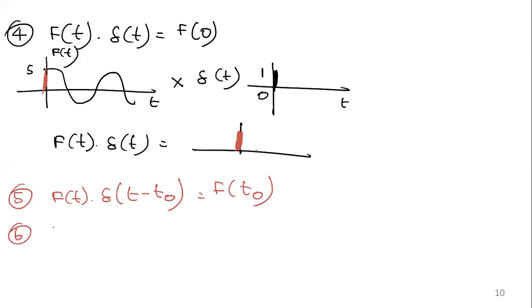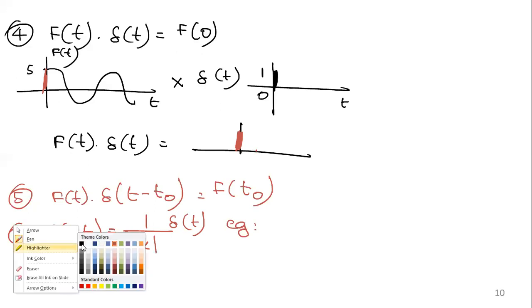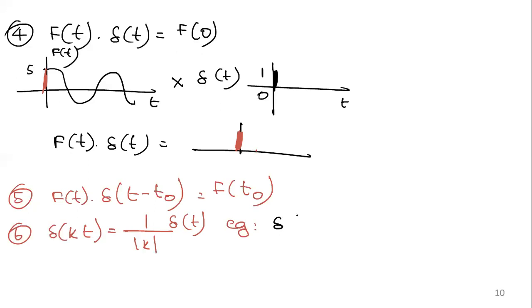Sixth property is delta of k into t is equal to 1 by mod k. Don't think about the derivation here. Just understand the formula. Delta of kt is equal to 1 by mod k into delta of t. For example, if you are taking delta of 2t, that will be equal to 1 by 2 into delta of t.